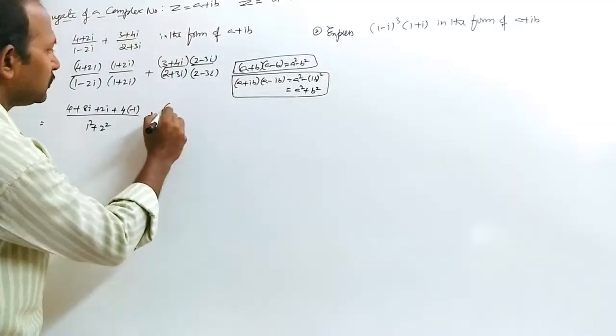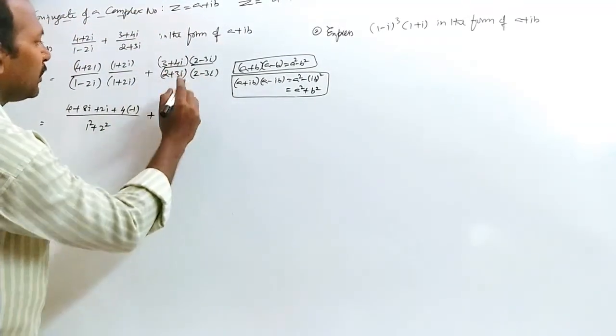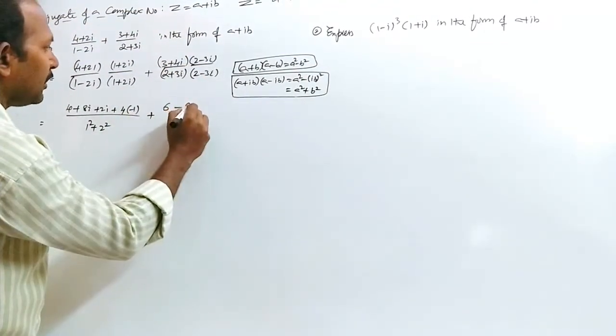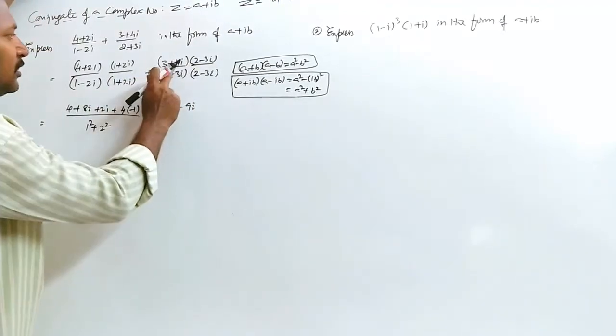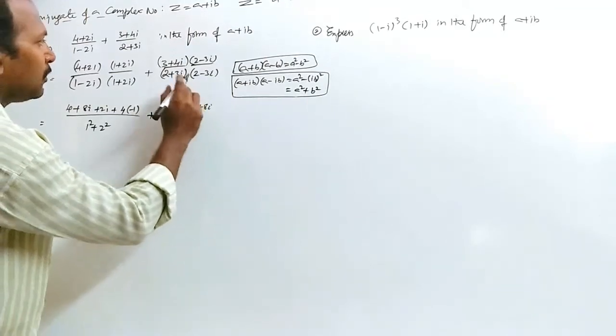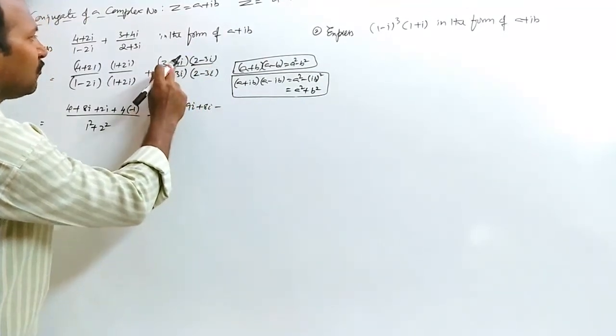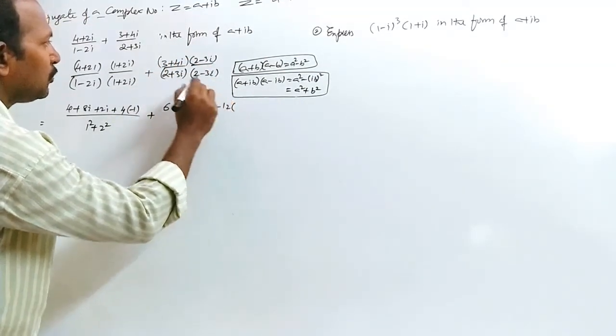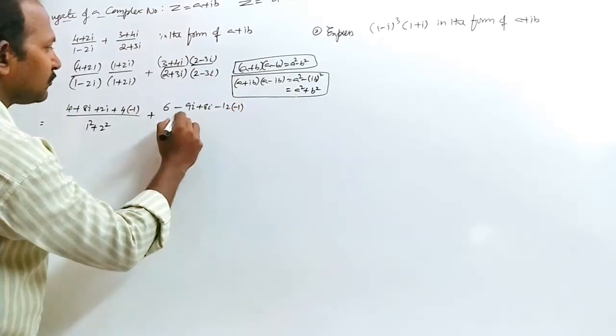Here let us multiply these two complex numbers. 3 twos are 6, plus into minus, minus 3 threes are 9i, and again with 4i, 4 twos are plus 8i, plus into minus, minus 4 threes are 12 into i square is minus 1, so plus 12.